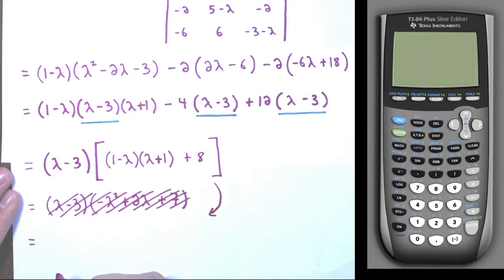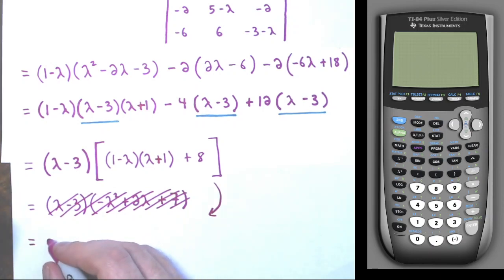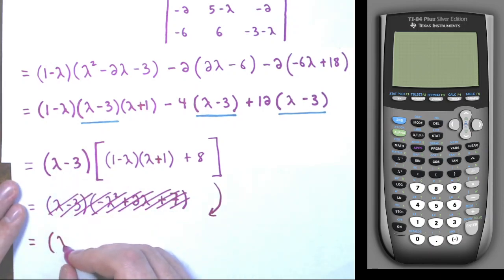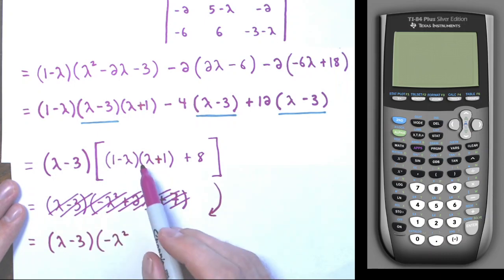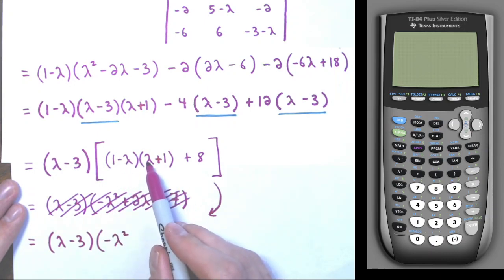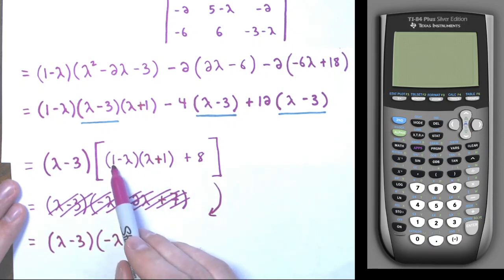So sorry. And now we have, again, the factor lambda minus 3, and then in the bracket, negative lambda squared, and then you have minus lambda plus lambda, so no lambda to the first. And then plus 1 plus 8, that's plus 9.